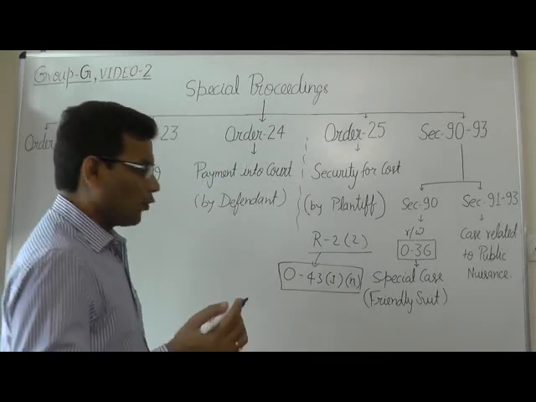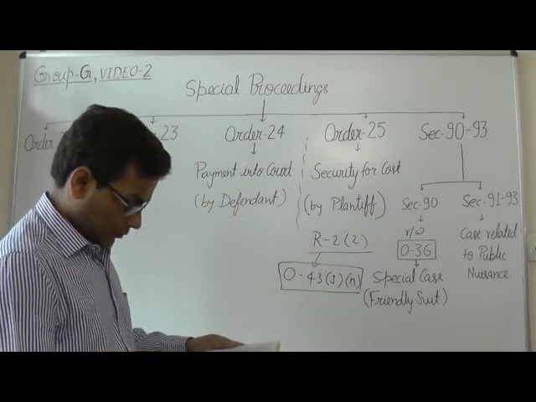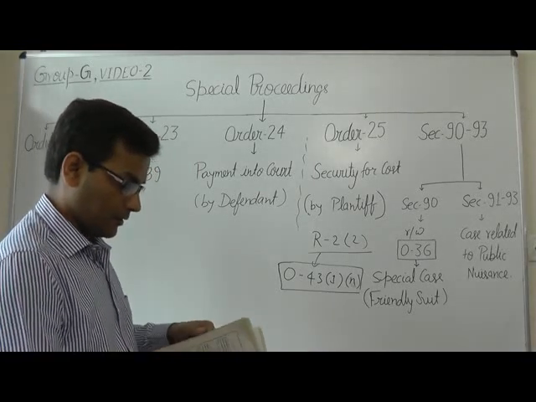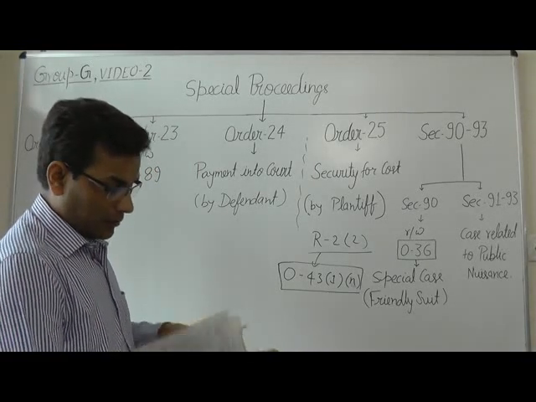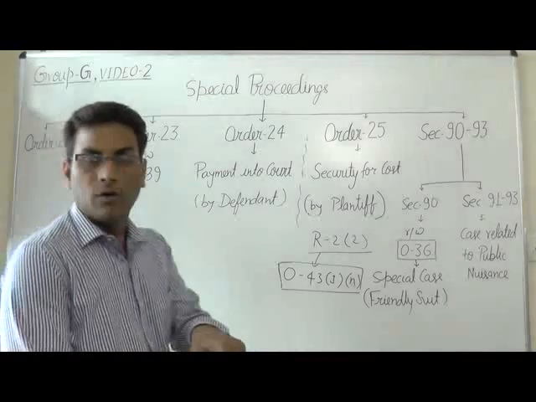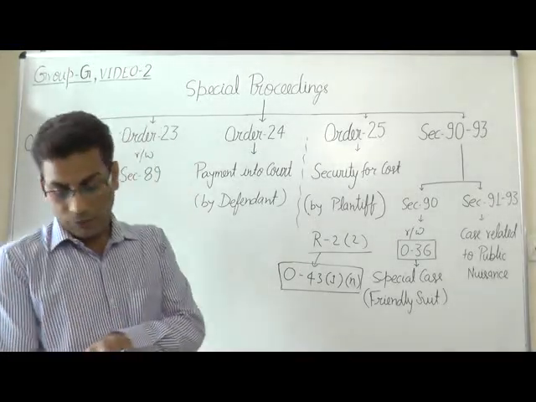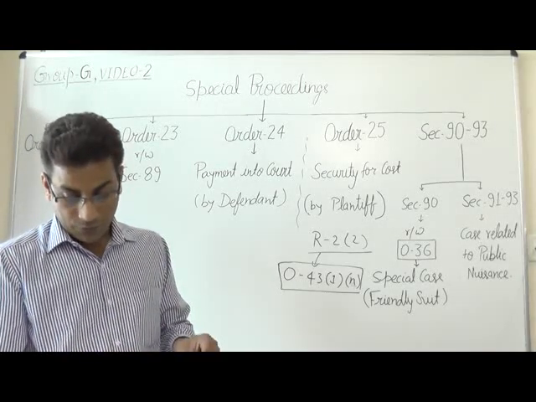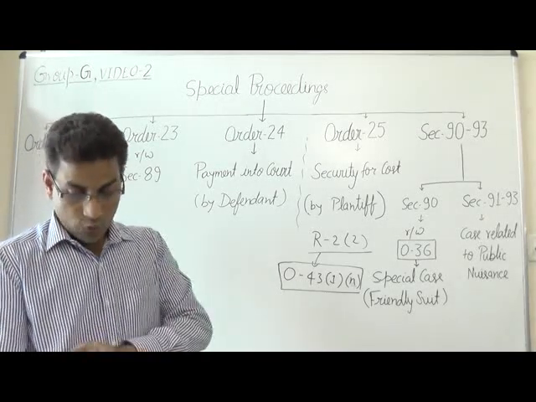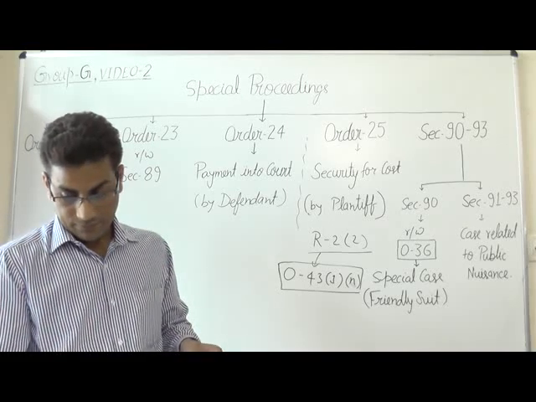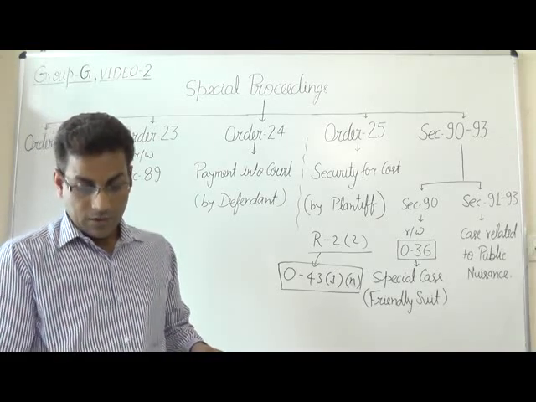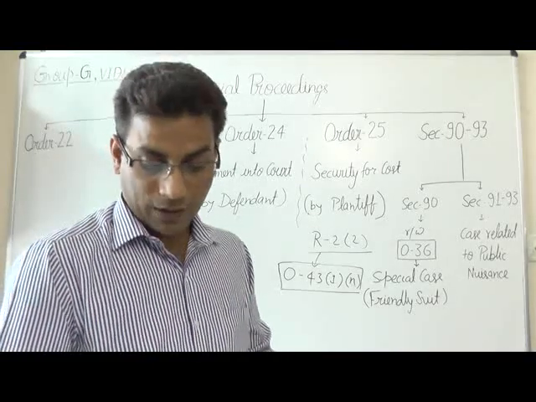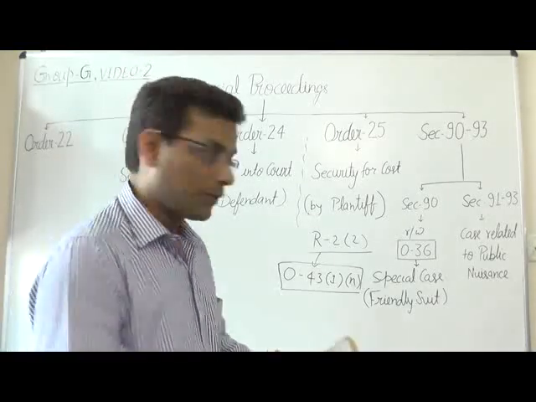Okay? One thing more you have to mention here: order 41 is related to appeal. Under order 41, rule 10, the appellate court may require the appellant to furnish security for costs.